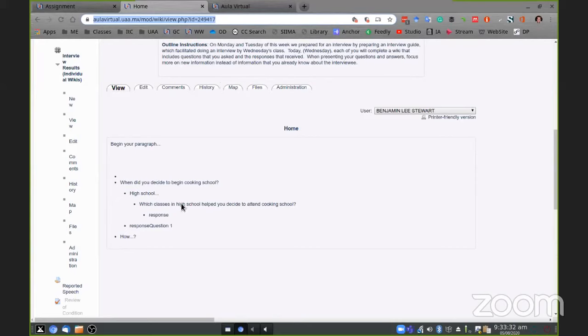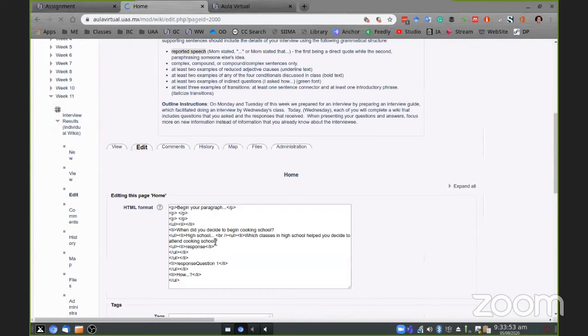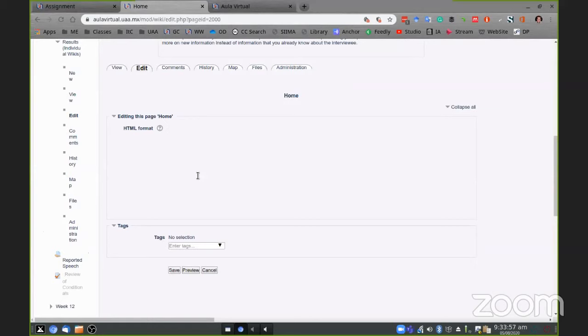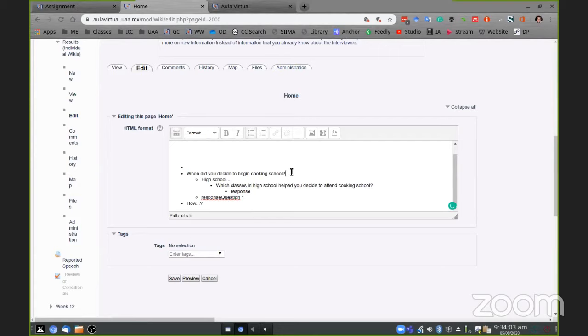Remember that the outline should be embedded like I have here. So you'll have the question posted here, and then the responses should follow underneath each of these bullet points. All right, so again, it's very easy to do that. You can actually use the tab on your keyboard to indent and create those sub bullet points. So if I hit enter and tab, whoops, let me try it again. Enter and tab.